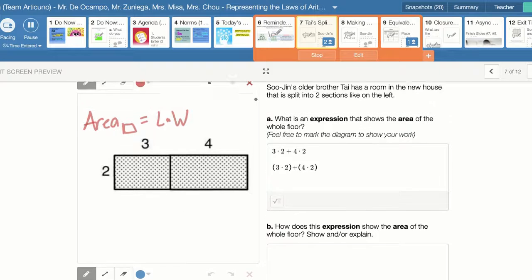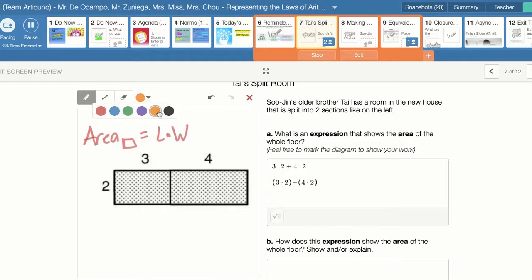Now, another strategy that classmates may have come up with is to take this side right here, this 3, and add it with the 4. Okay? So they're saying that the length is 7. All of this together is 7.